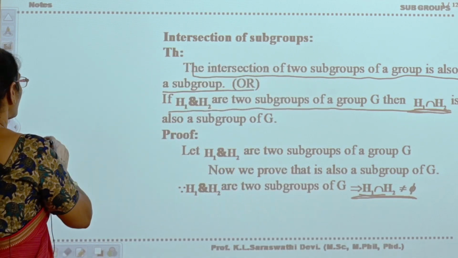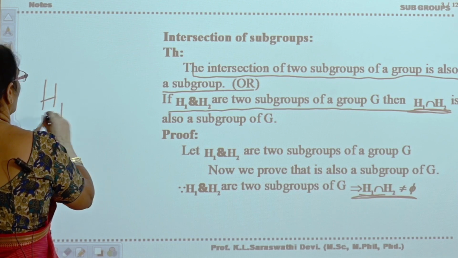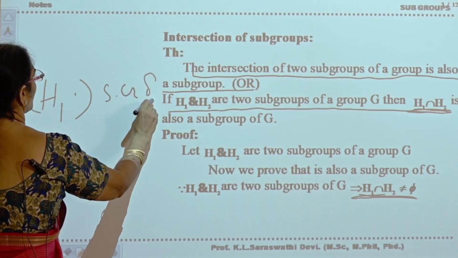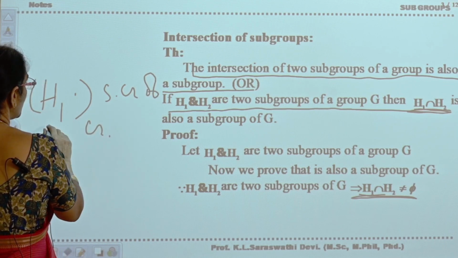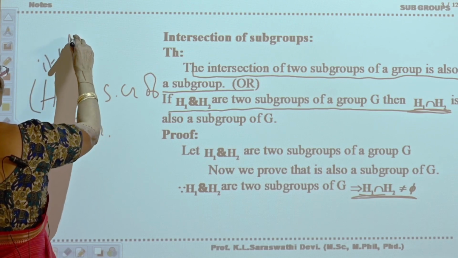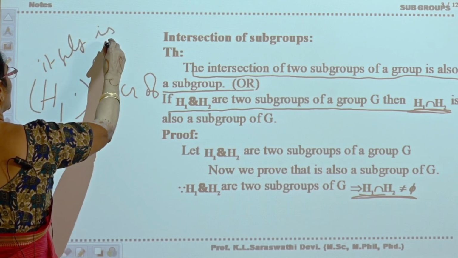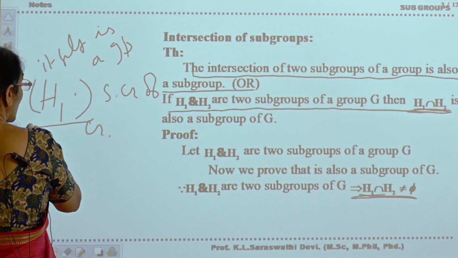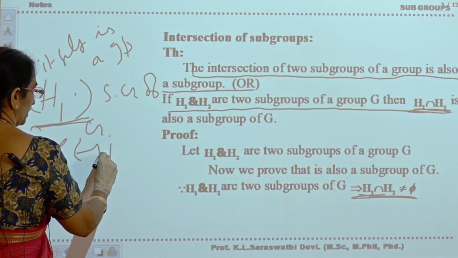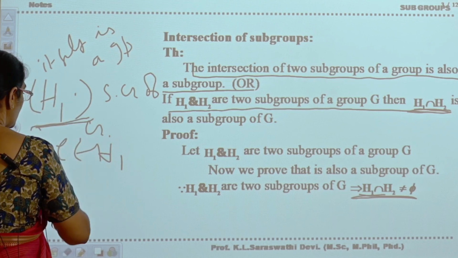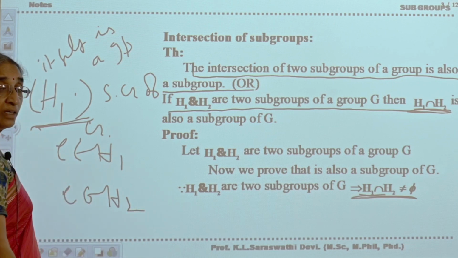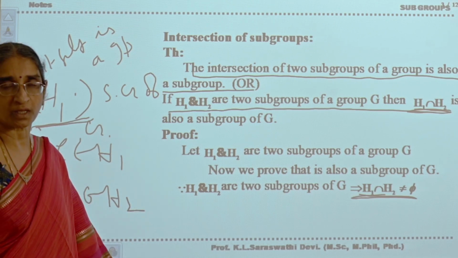It is because H1 is a subgroup of G. By definition, a subgroup of G means itself is a group, which means there exists an identity in H1. So e belongs to H1. Similarly, there exists an identity in H2 also, because H2 is also a subgroup.